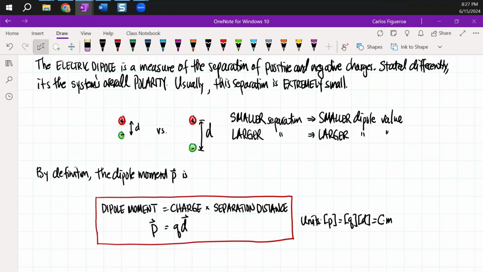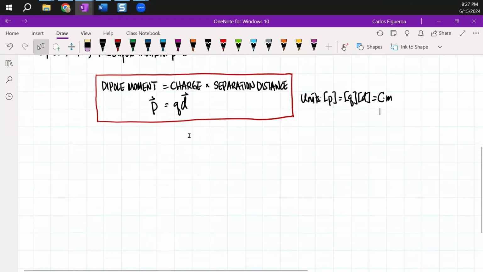So the question is, how do we get dipoles? This is what we talked about in chapter 1, but let's briefly talk about this.